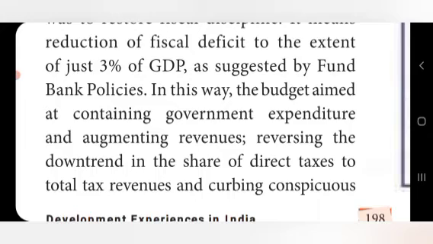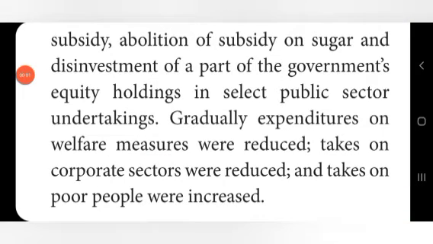They want to limit it to just 3% of their GDP. In this way, the budget aimed at containing government expenditure and augmenting revenues, reversing the downtrend in the share of direct taxes to total tax revenues, and curbing conspicuous consumption.